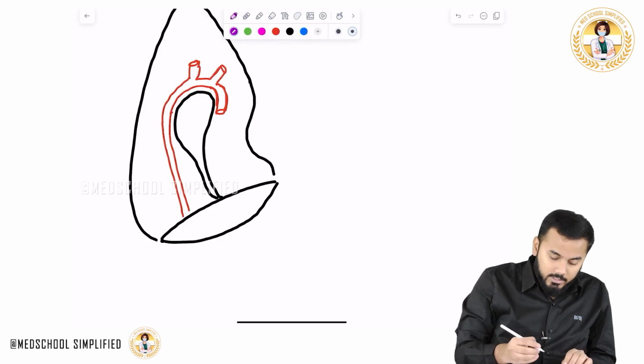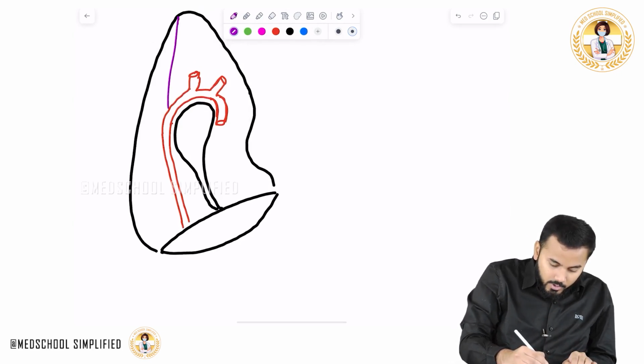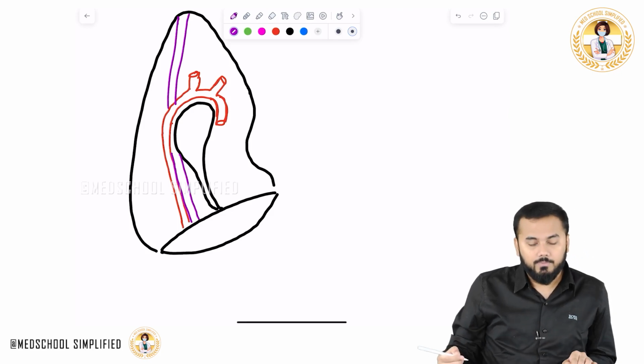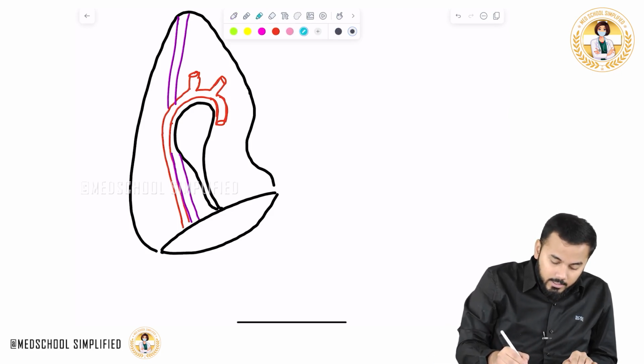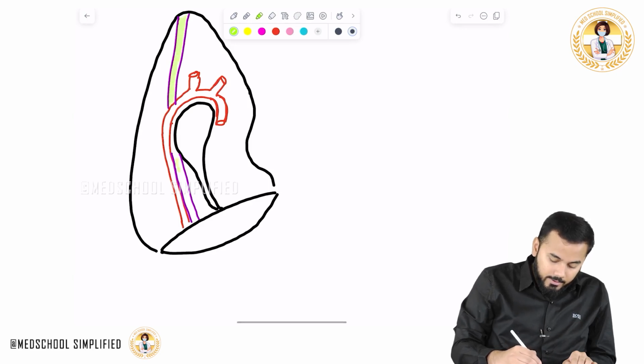Behind this, all the way from here, you have this structure which is coming down. This structure is called your esophagus. If I highlight it a little, you would understand that this shaded part I have drawn is entirely your esophagus.